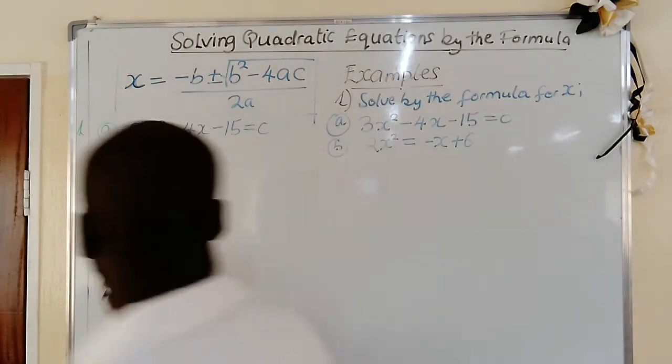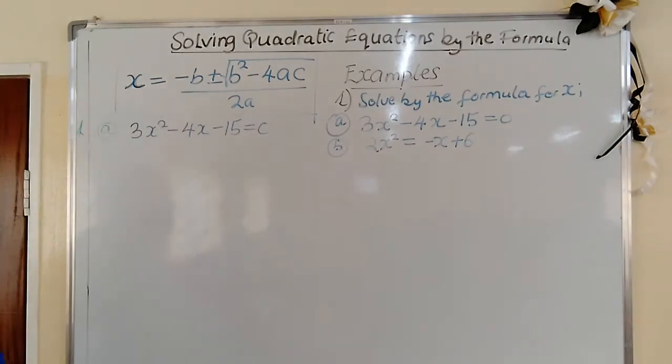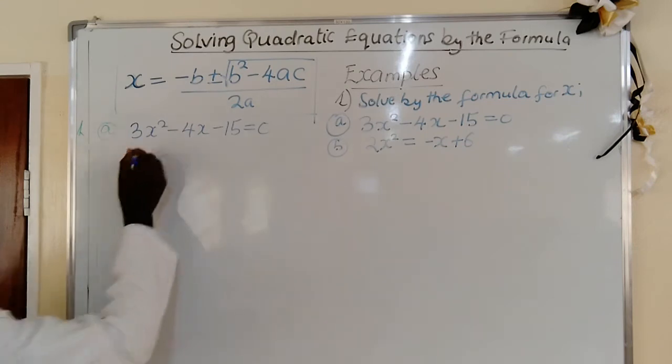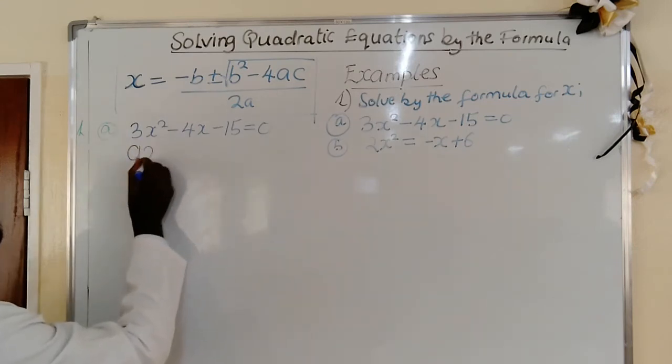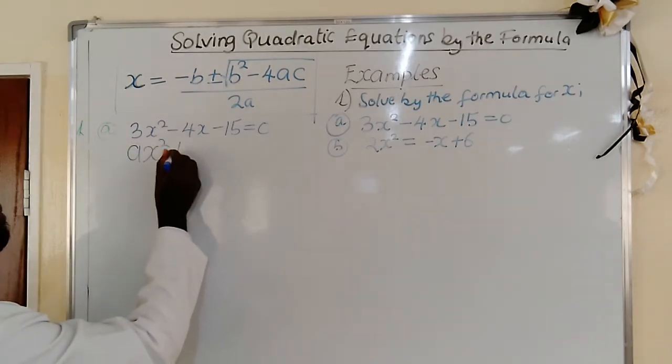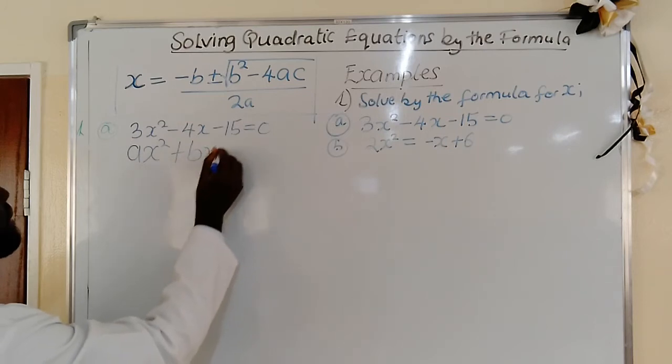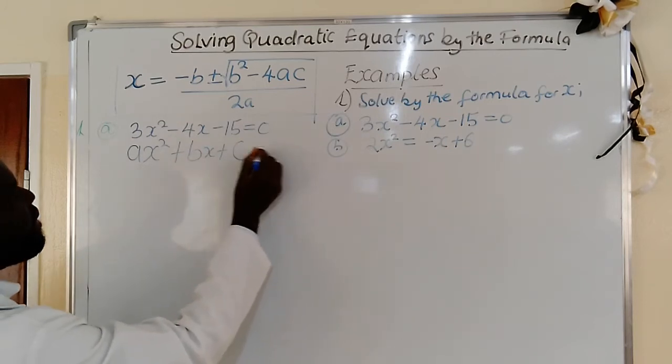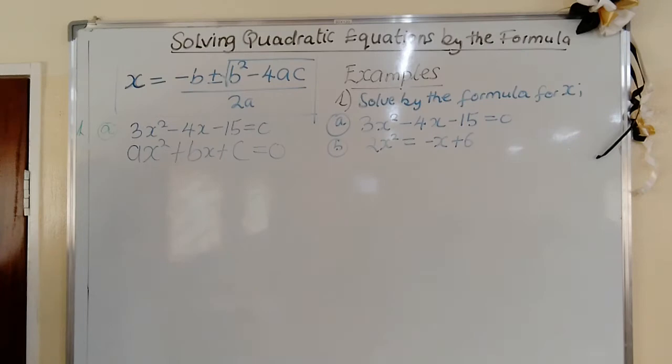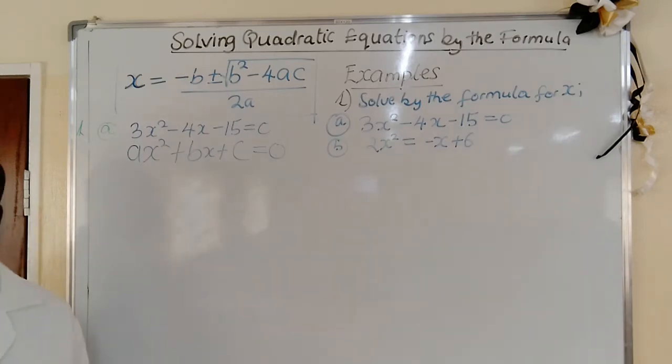The original form of a quadratic equation is ax squared plus bx plus c is equal to 0.